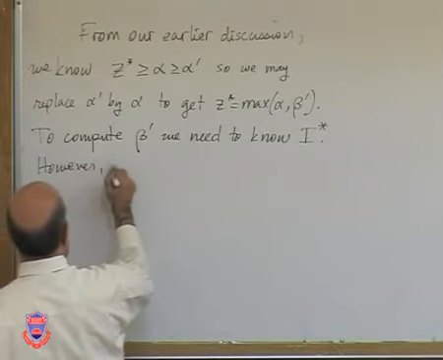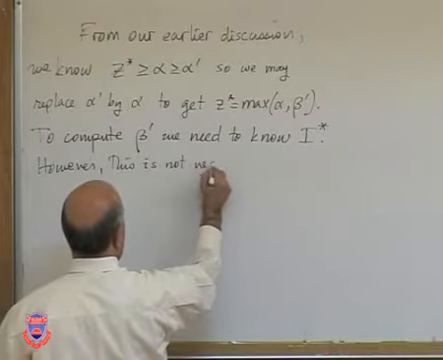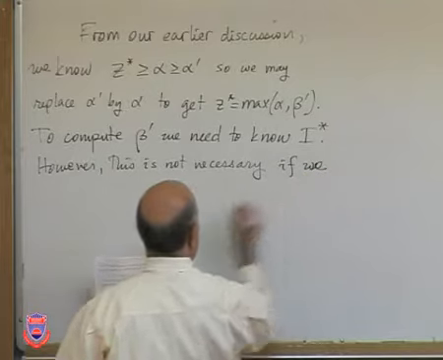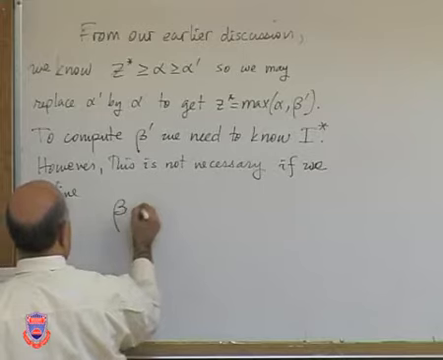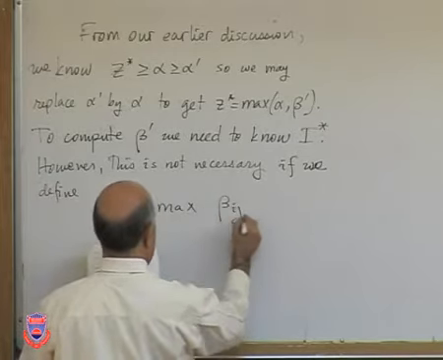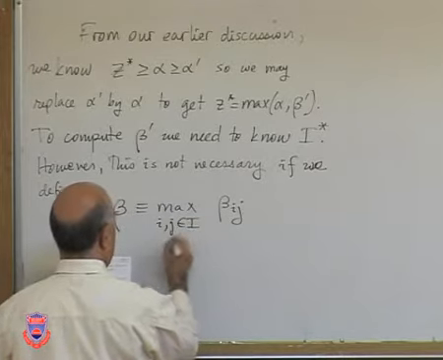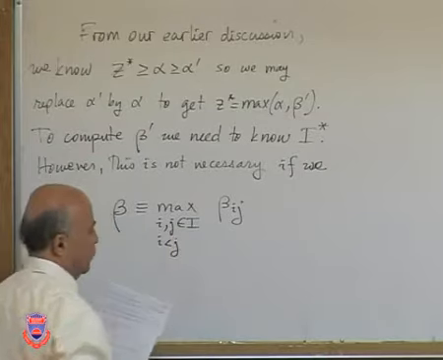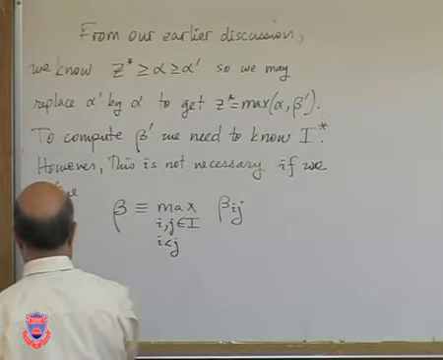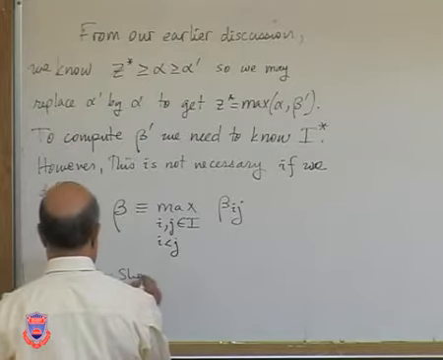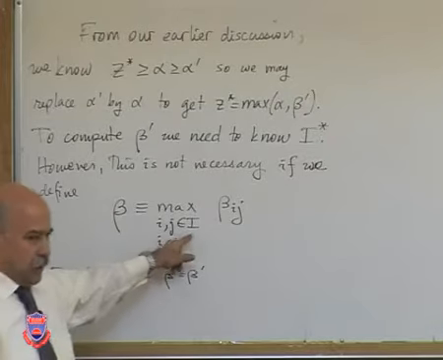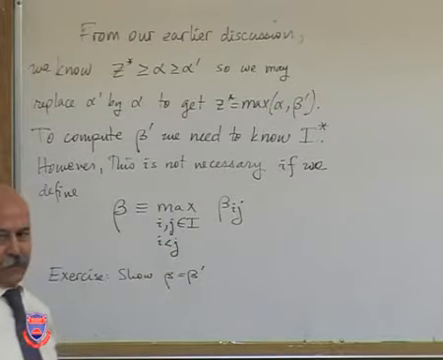However, this is really not necessary. If we define beta to be the maximum of beta ij's, i and j belonging to I rather than I star, no, this is I. I replaced it with the original set of vertex indices.